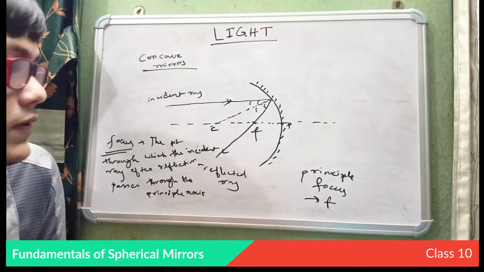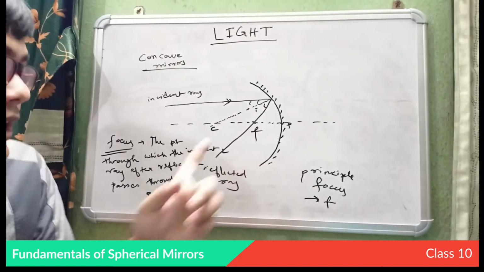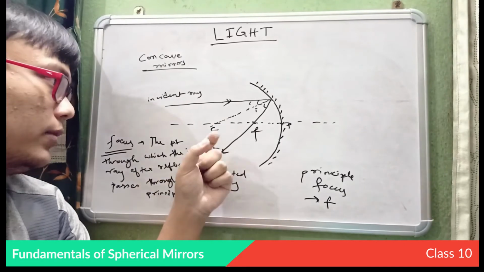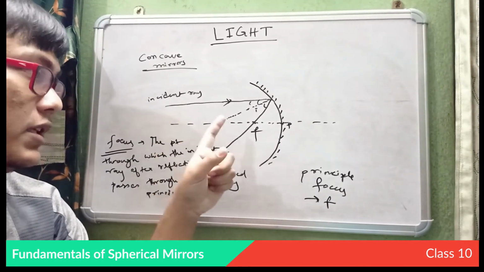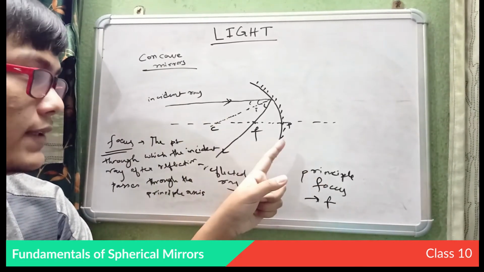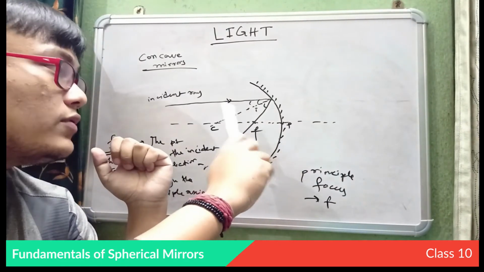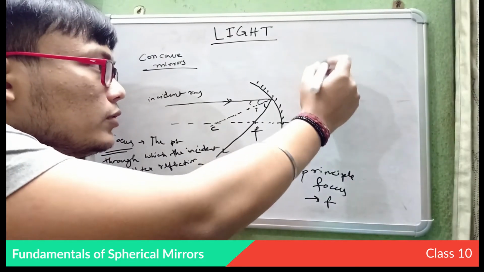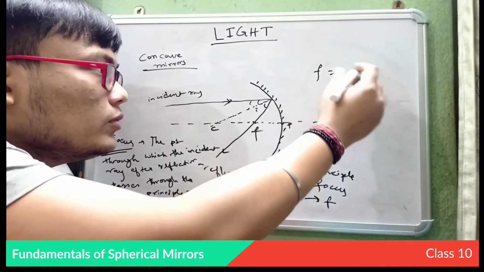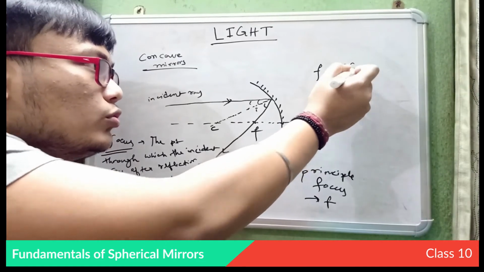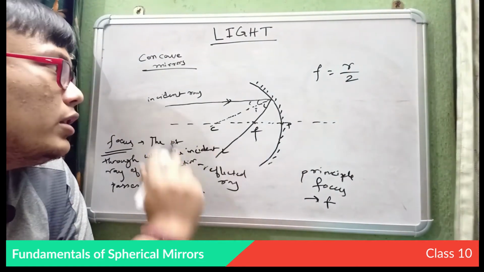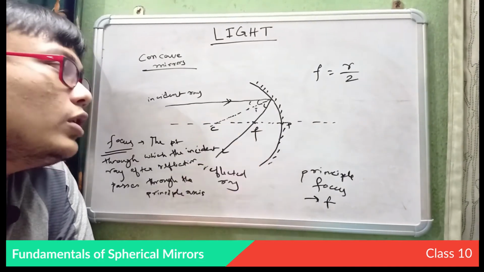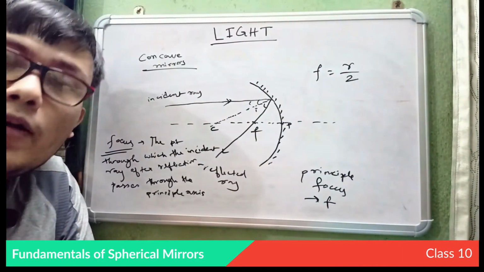Now it is seen that whenever the incident ray is parallel to the principal axis, the focus will always be radius by 2. That is, when the incident ray is parallel to the principal axis, the focal length will always be half of the radius.